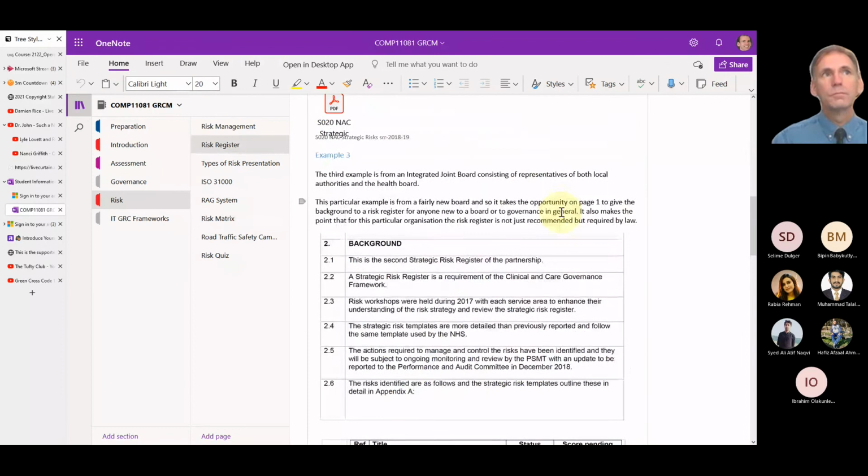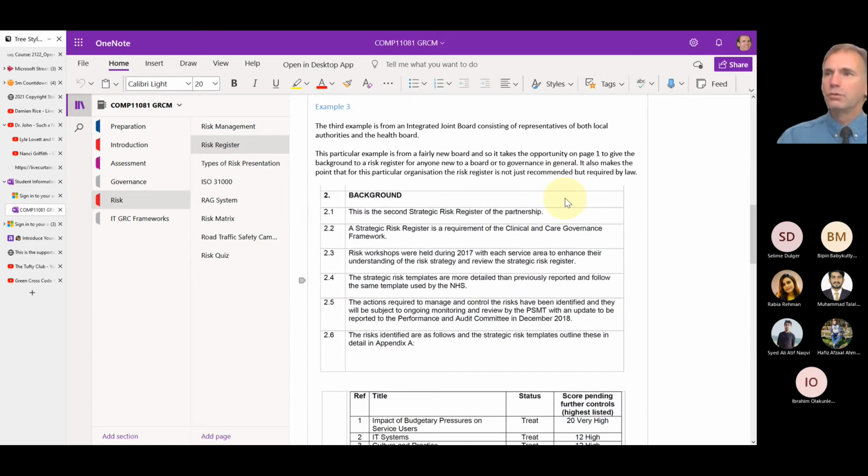The third one is from the IJB that we looked at before. Again, because this was a new organisation and it took staff from both councils and health boards, they actually decided to say, okay, if you're new to this, here's how we're running our risk register. It tells you in the document what they're doing and why.